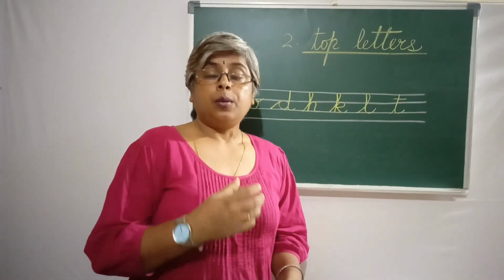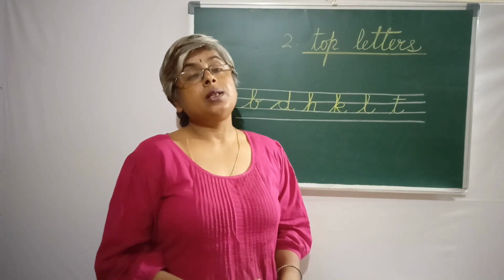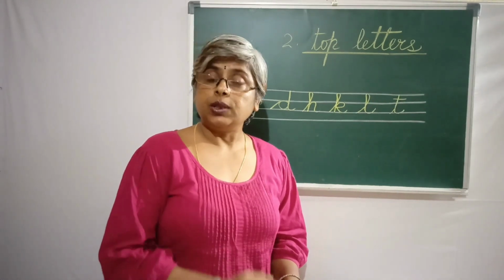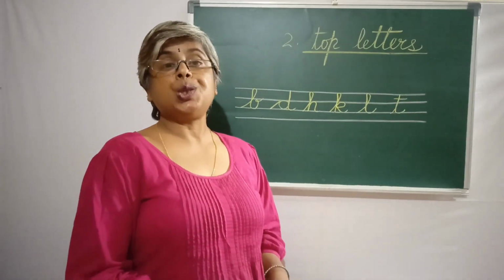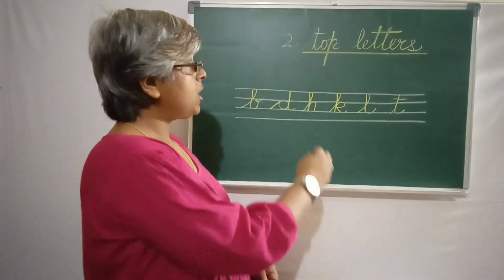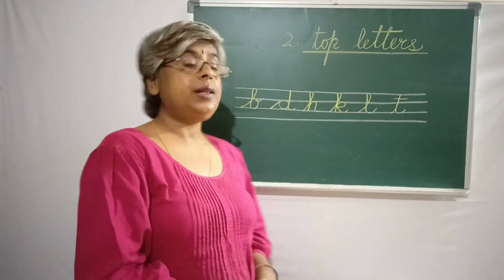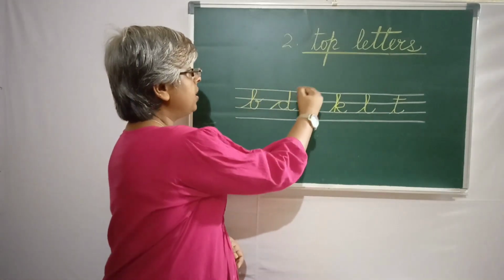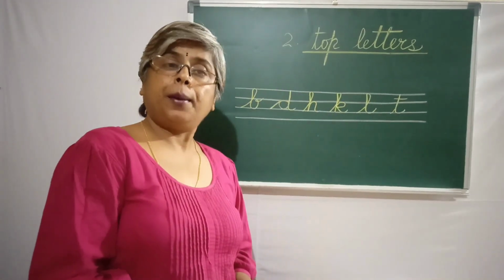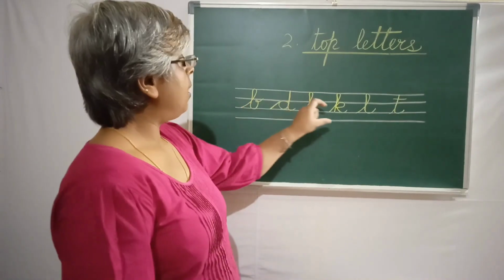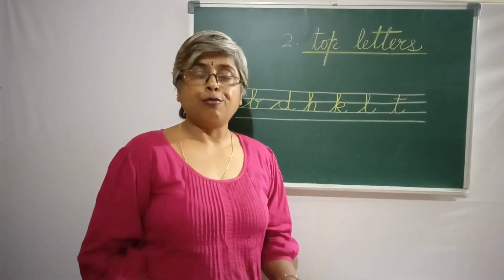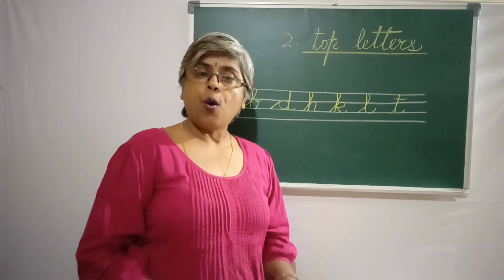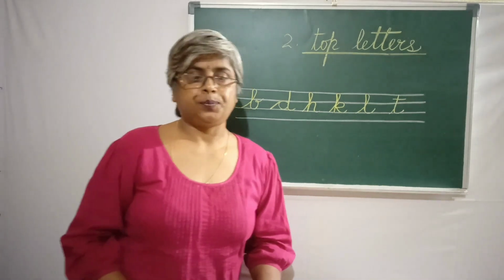So when our small babies learn this writing step by step, first the middle letters and then the top letters, slowly their hand learns to go up, touch the line and come back. So these are the 6 top letters of English alphabet in cursive small writing.